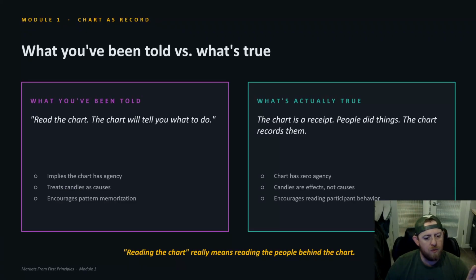So whether you have already been involved in this in some form or fashion, whether you have already been on YouTube and watched some of these gurus or whatever, most of this education that you're going to find out there is going to say some stupid stuff, like somebody's going to say, you just read the chart and the chart will tell you what to do.